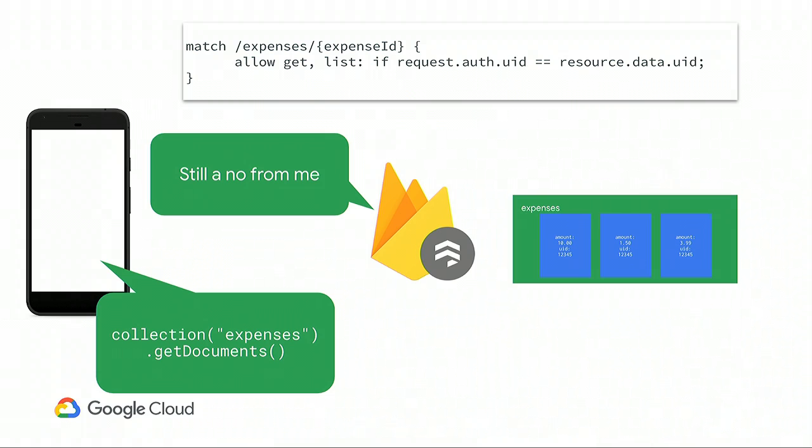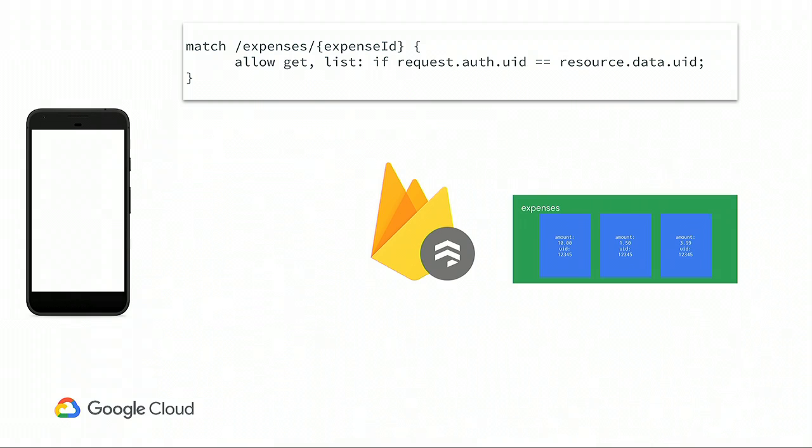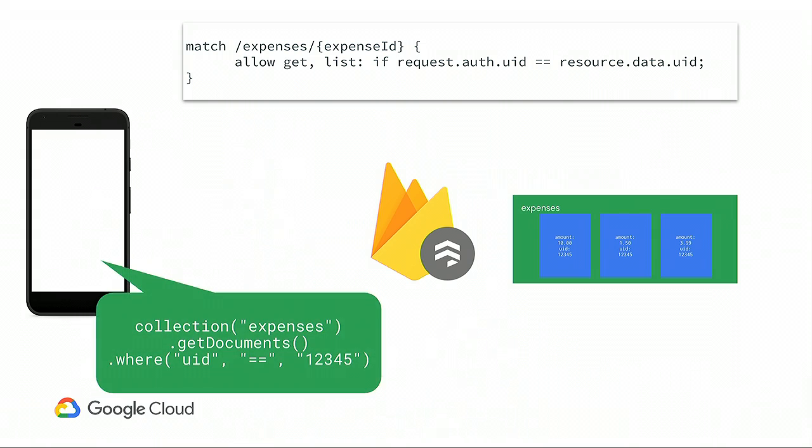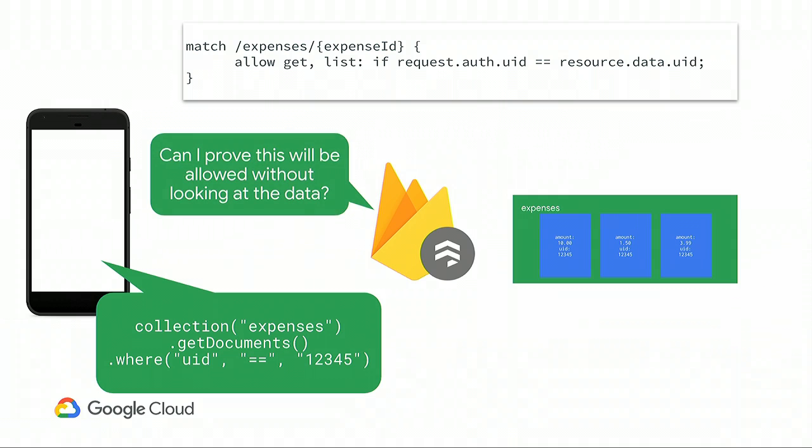And again, what's happening is we have to know beforehand if we can fulfill the request, right? So you actually have to write a query that says, give me all of the documents where the UID is equal to, I hard-coded 1, 2, 3, 4, 5. But what I would do is pull my UID client-side off that token and then match that. And in that case, Firestore is basically asking this question, right? Can I prove that this operation will be allowed without ever looking at the data?